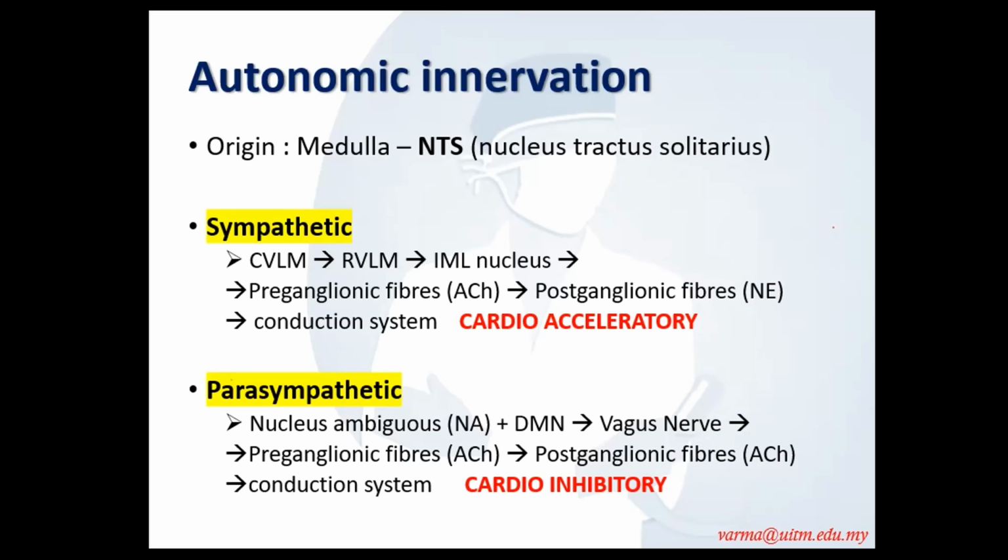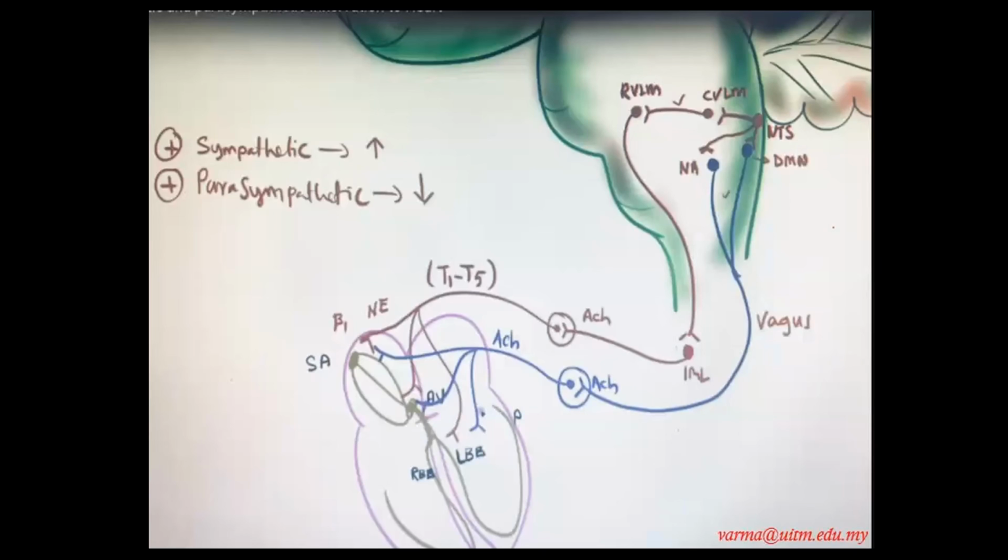For sympathetic, the fibers come directly. Sympathetic fibers are direct. Parasympathetic always use the vagus nerve, so they come through the vagus nerve. What are the subtypes of nucleus, the small nuclei after the NTS? It's okay if you don't mention them.